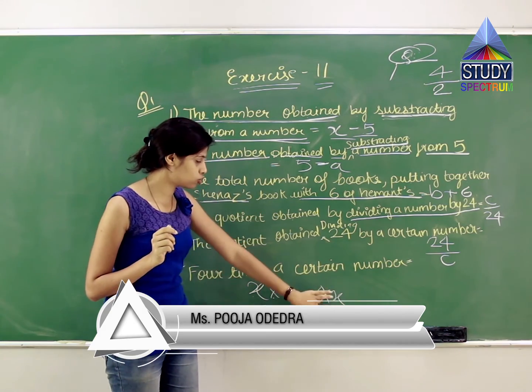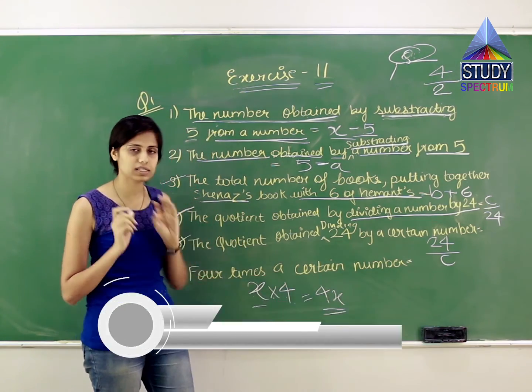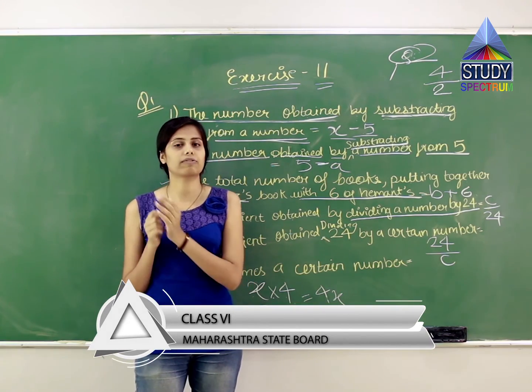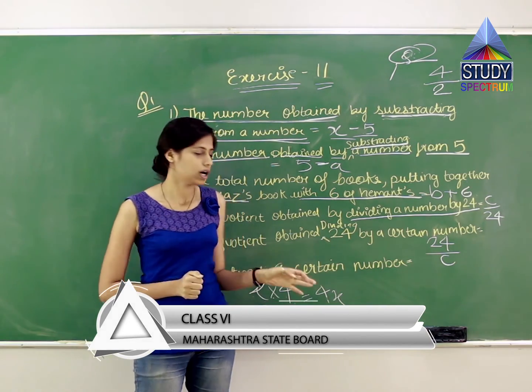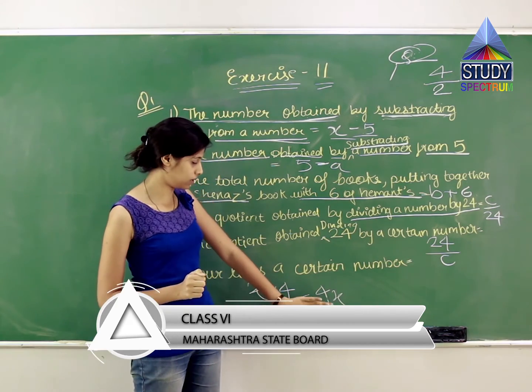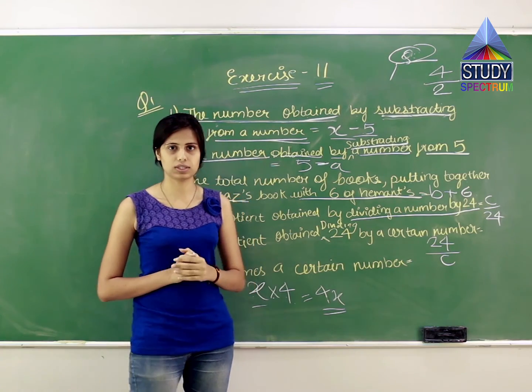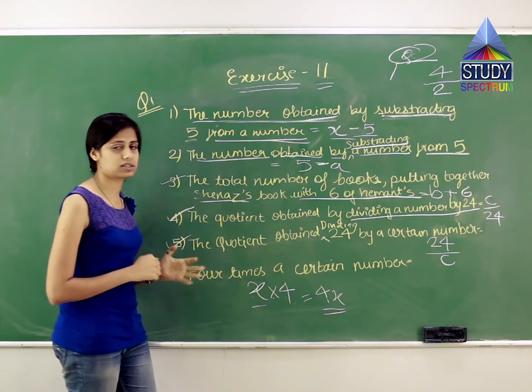See, over here there is no sign. It is assumed that there is a multiplication sign between 4 and x. Remember, whenever there is no sign between a number and an alphabet, it is assumed to be a multiplication sign. So clear with the first 6 questions.